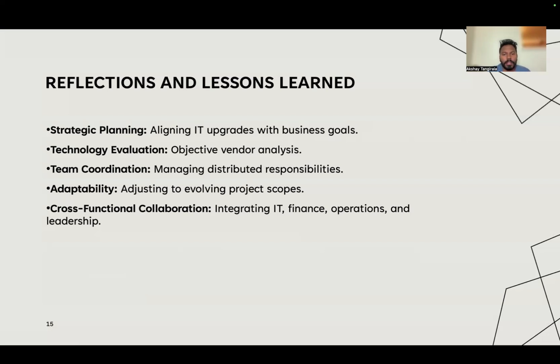We also learned to stay adaptable in response to changing conditions. Most importantly, we realized the value of collaboration between IT, finance, and leadership to drive successful innovation.